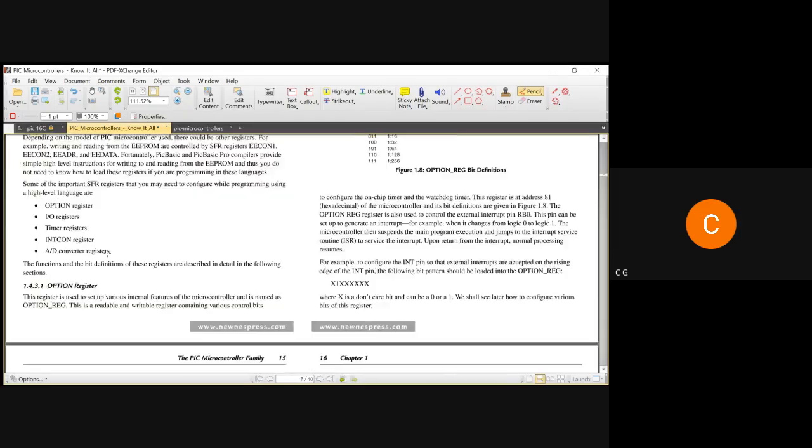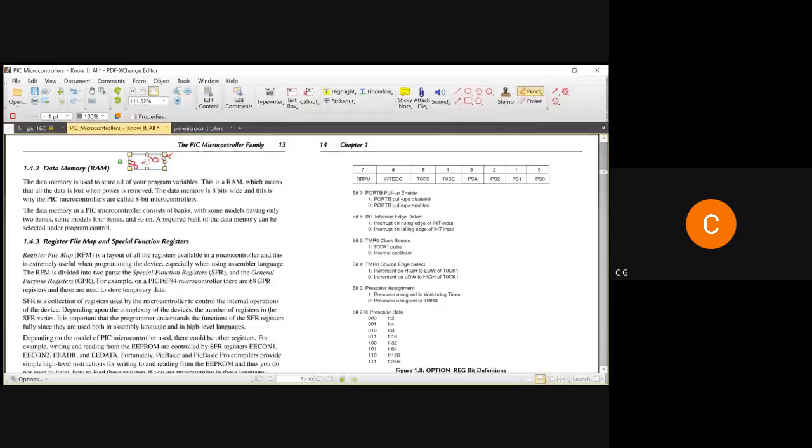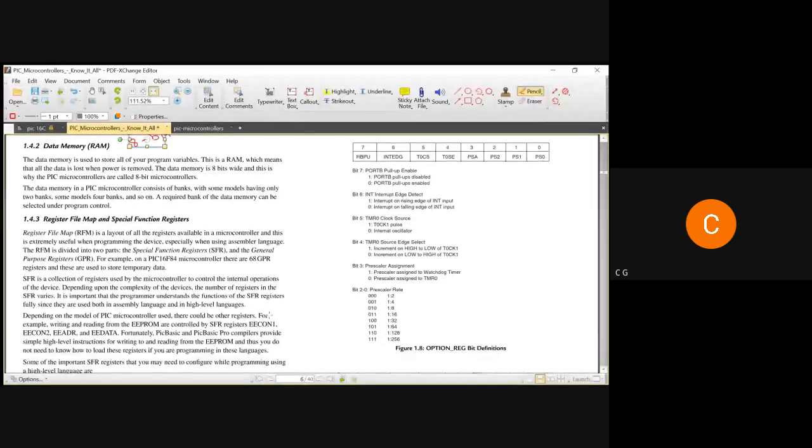Okay, so the role of the option register is also given. This register is readable and writable, containing various control bits. This option register bit is port B pull up enable.